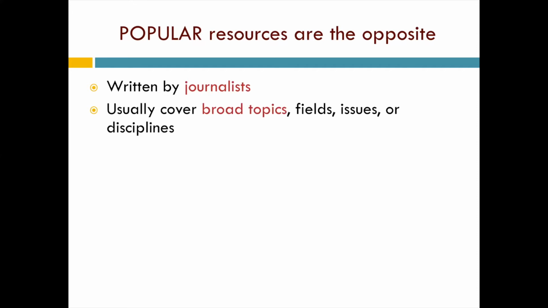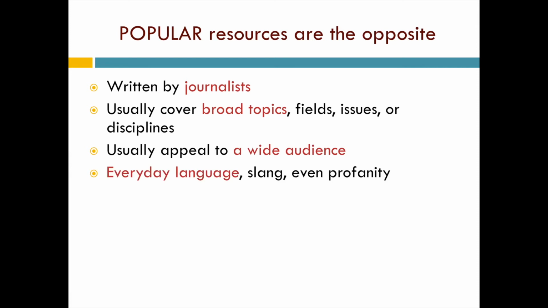Newspapers are an example of a popular resource and have a little bit of something for everyone with broad topics. They also appeal to a wide audience, and magazines and newspapers use more everyday language. What is wrong with advertising? Articles that appear with an ad can be biased toward the advertiser.